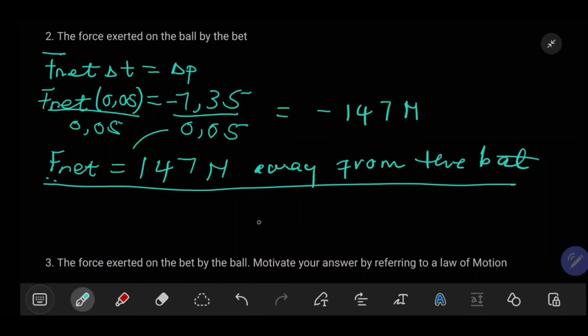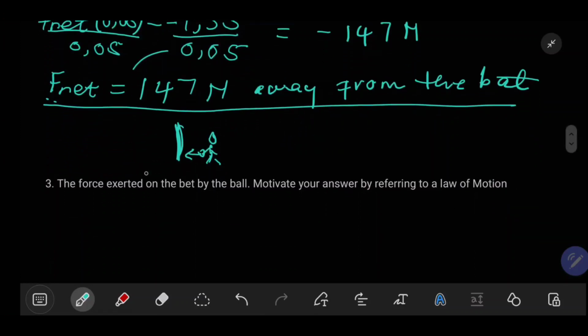So now if I apply a force, let's suppose this is a wall and I'm standing here, if I apply a force on the wall, the wall will exert what? The same force but in the opposite direction. So now we know the force exerted by the bat on the ball, and they want us to calculate the force exerted on the bat by the ball.